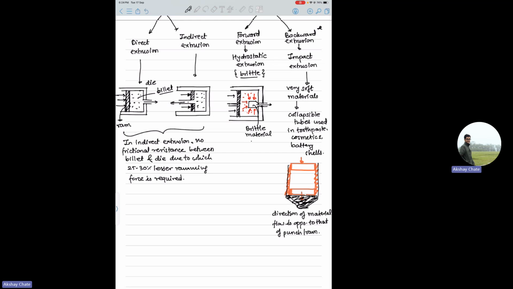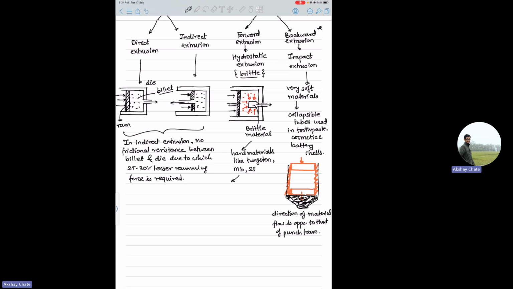Not only brittle materials, even hard materials like tungsten. Tungsten has a very high melting point and it's very hard, and it's not very easy to extrude. Molybdenum, stainless steel, and other brittle materials.